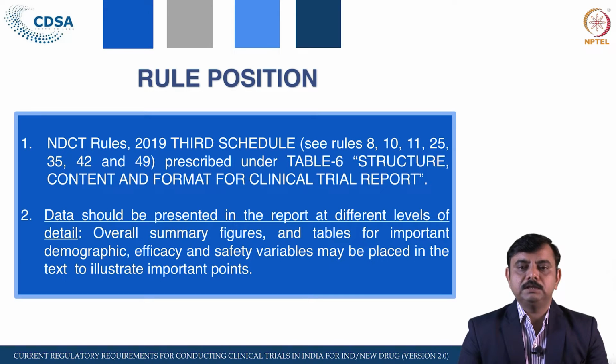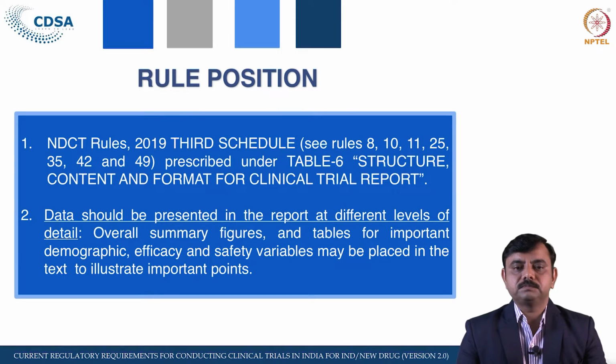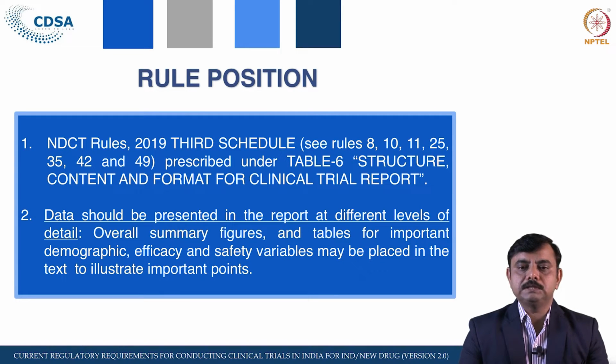It is given in the third schedule. If you would like, you can refer to rules 8, 10, 11, 25, 35, 42 and 49. In the third schedule, Table 6 mentions the structure, content and format for the clinical trial report.